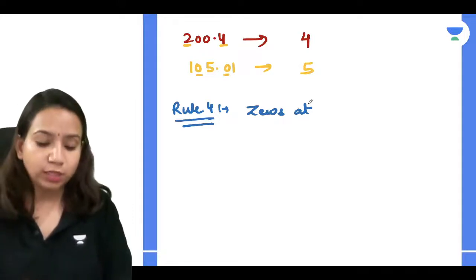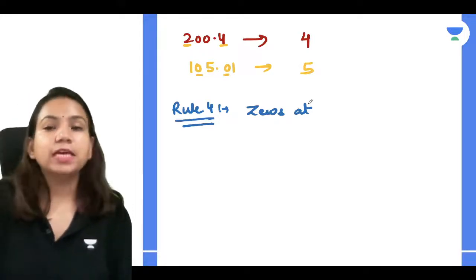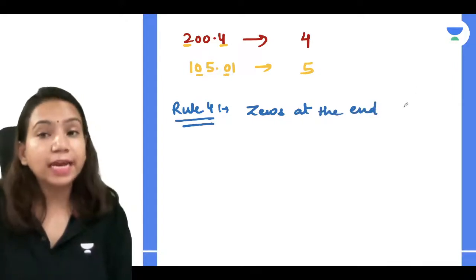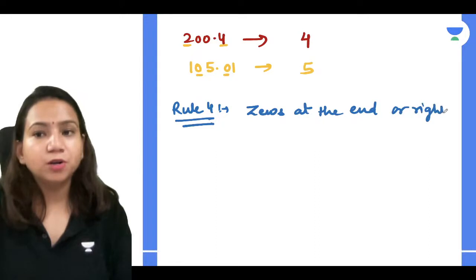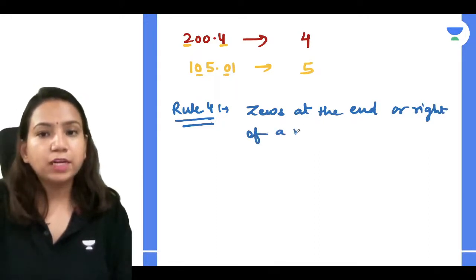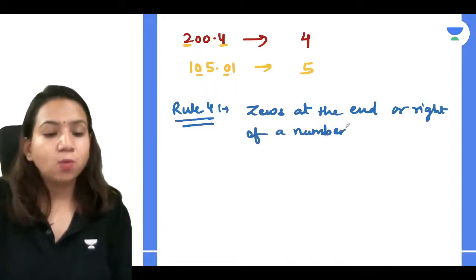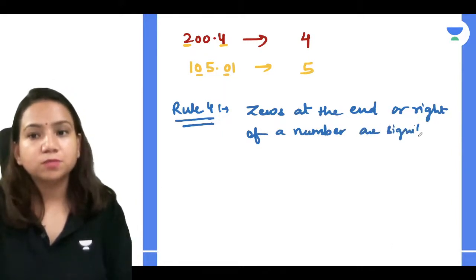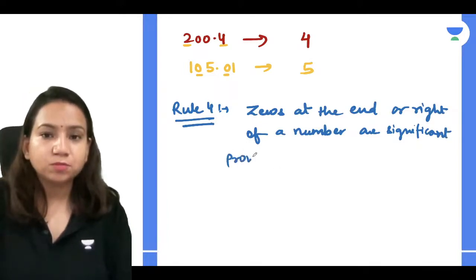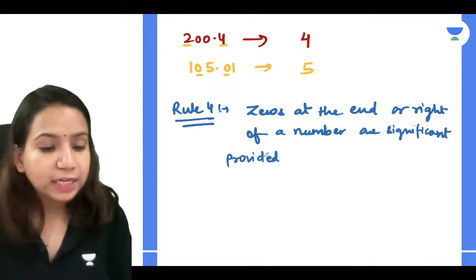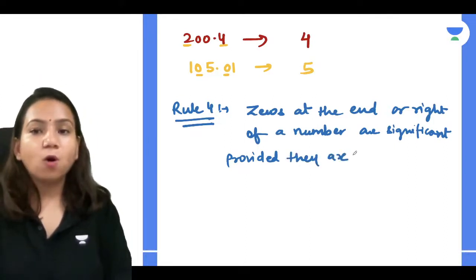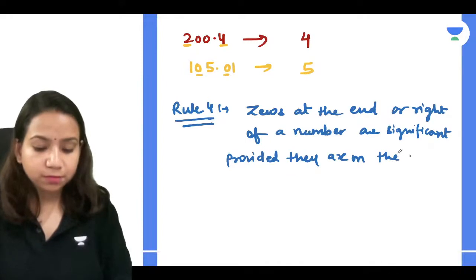The fourth rule says that zeros at the end or right of a number are significant, provided they are on the right side.